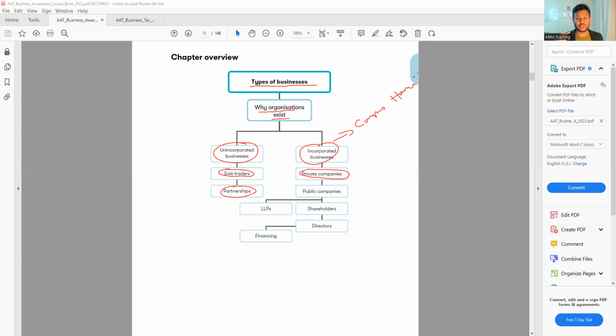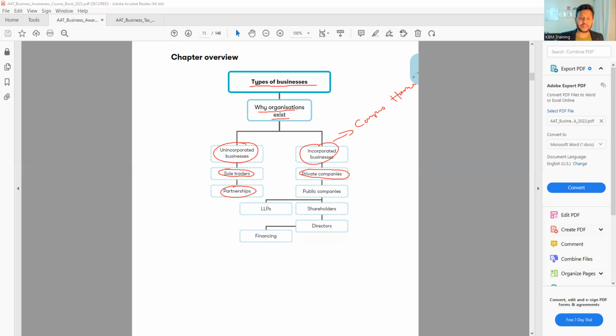To do this, they have to go through some process to become a public limited company. You can start your business as a private limited company, and later on, if the company is really big, you can list it as a public limited company in the near future. So public limited companies are basically listed on the stock exchange.